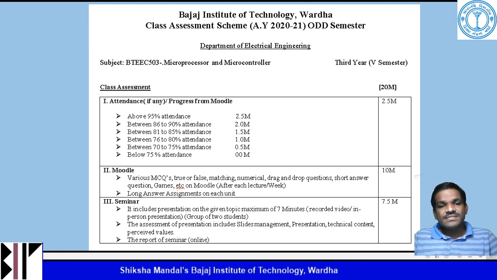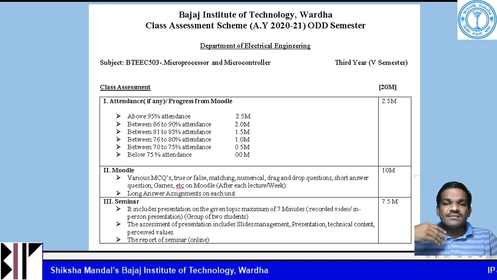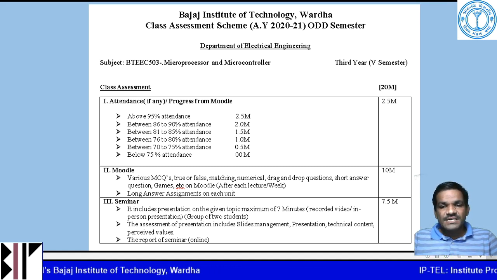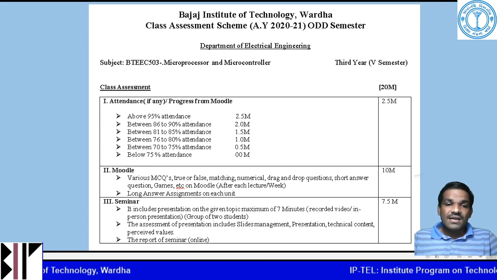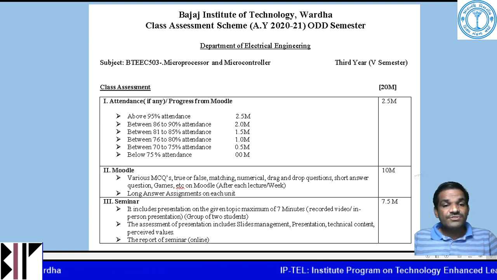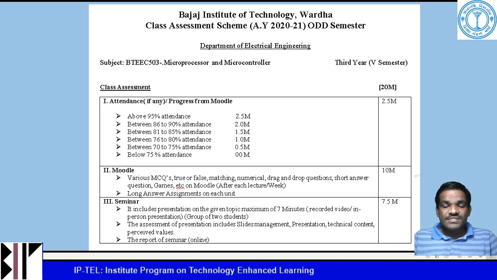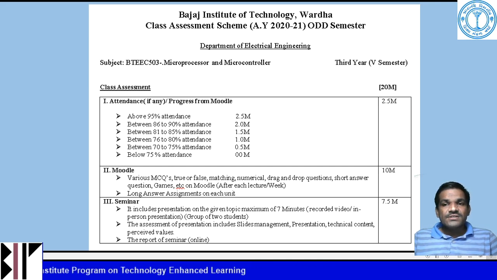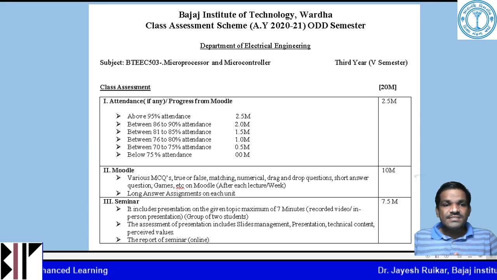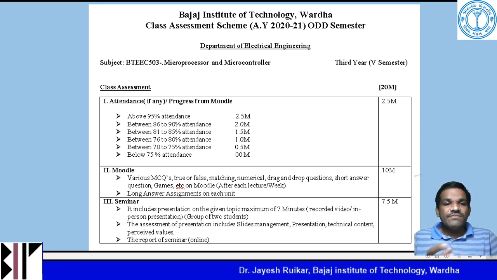Your presentation will be assessed by the slide management or presentation style, your technical content and whatever value you have pursued in this particular topic, and then a report of the seminar, which is again an online report. So a total of 20 marks is described by these 3 different components: attendance or progress on Moodle, various quizzes on Moodle, and then the seminar.